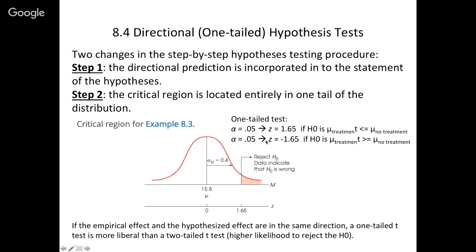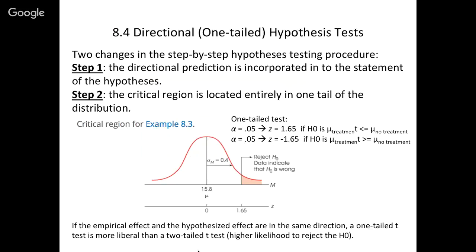So the boundary of the critical region is z equal to negative 1.65, right? And if the empirical effect and the hypothesized effect are in the same direction, a one-tailed test is more liberal than the two-tailed test, meaning we have a higher likelihood to reject the H0.